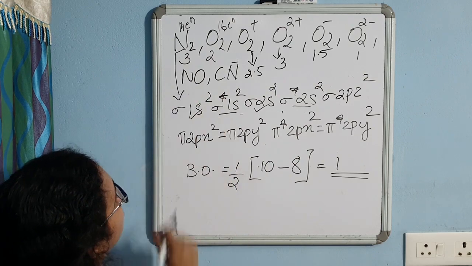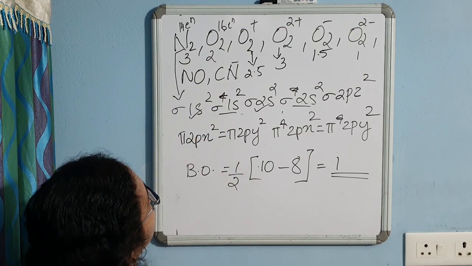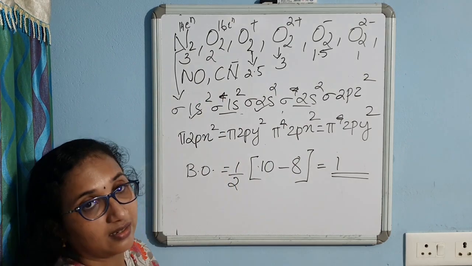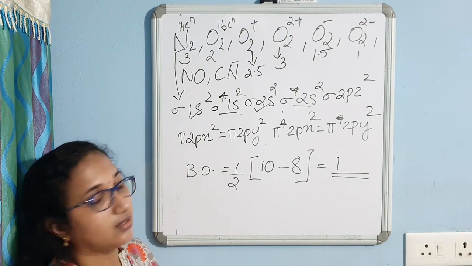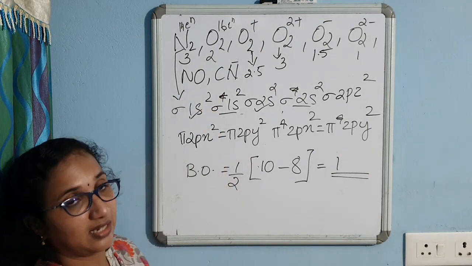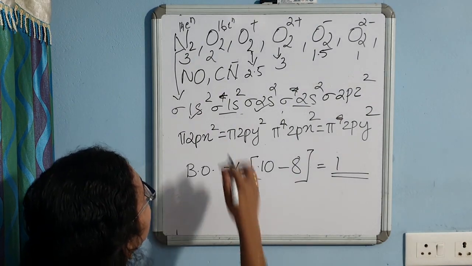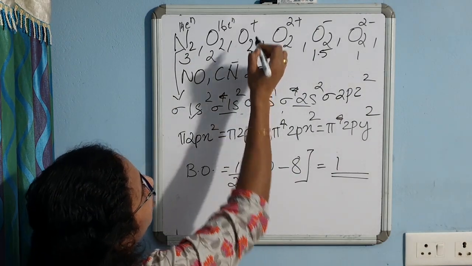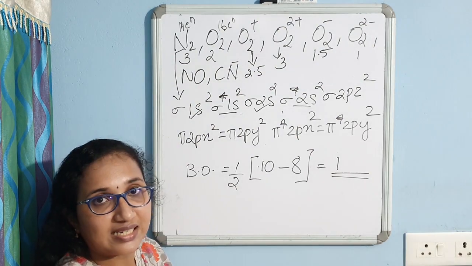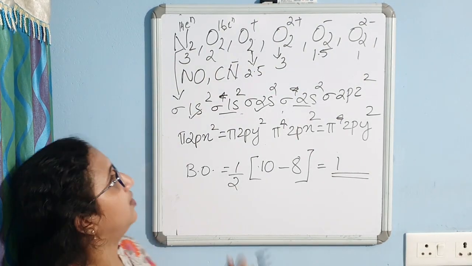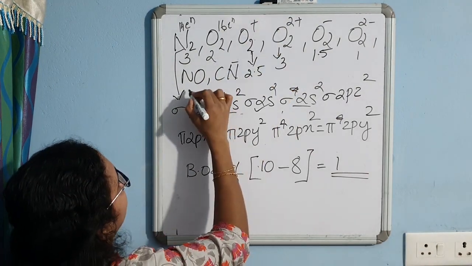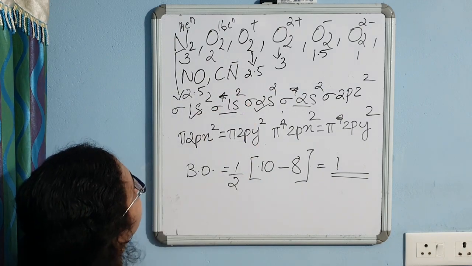And nitric oxide, we know it has 15 electrons, nitrogen 7 and oxygen 8, a 15 electron system. So a 15 electron system means it is isoelectronic with O2 plus. O2 is 16, O2 plus is 15. So O2 plus has a bond order 2.5.